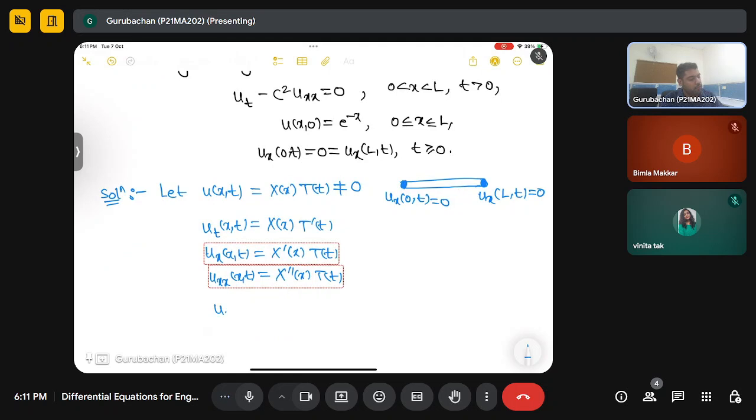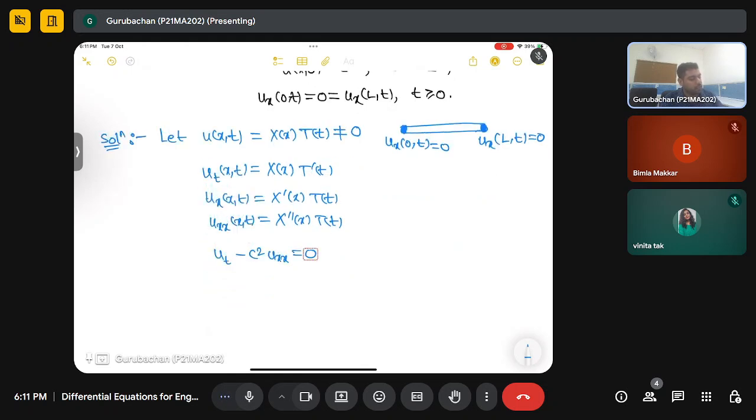From the given heat equation, ut minus c square uxx equal to 0, this gives X(x)T'(t) minus c square X''(x)T(t) equal to 0.